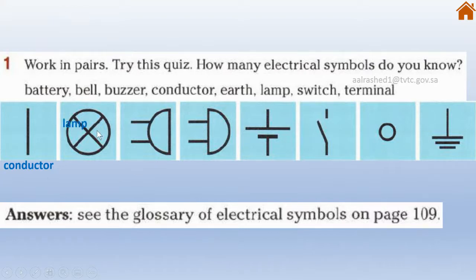So this is the lamp. If your device contains a lamp, then this is how you should write the electrical circuit. This is a buzzer. This is a bell. It makes sound.